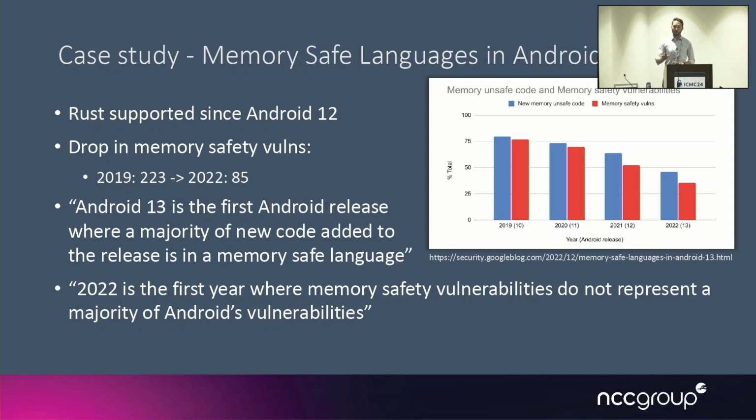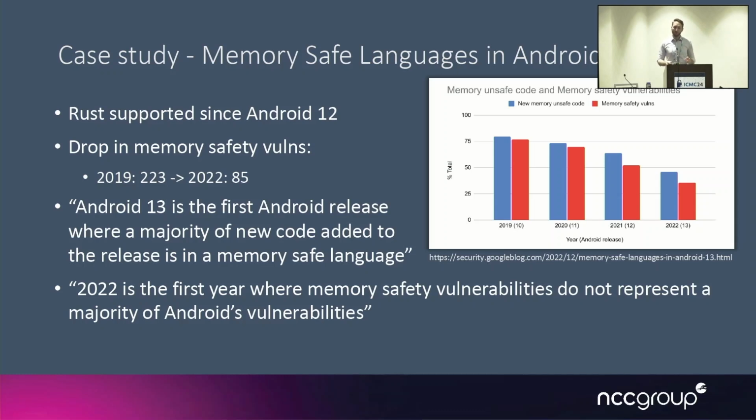That blog post highlights that Rust is supported since Android 12, so that would be since 2021. And since the introduction of Rust, there has been a pretty significant drop in memory safety vulnerabilities. I think they list about 223 vulnerabilities reported in 2019, and then that decreased to 85 in 2022.